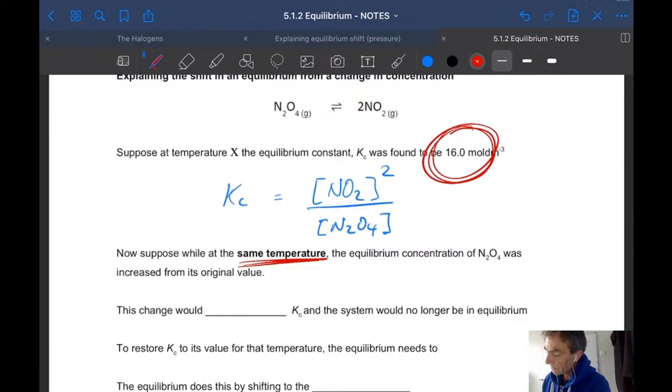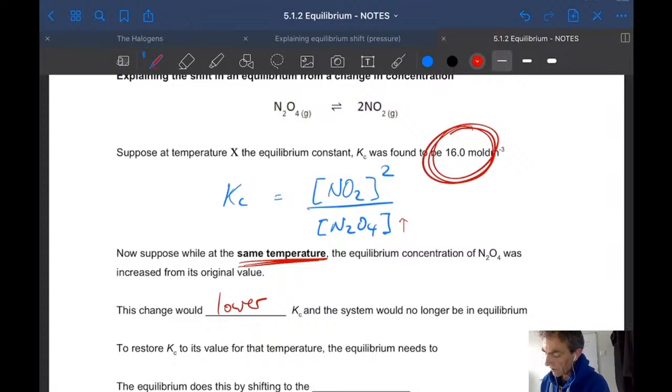The equilibrium concentration of N2O4 was increased from its original value. Okay, so let's imagine the N2O4 concentration is increased. So what would that do? A bigger denominator than you had before would lower Kc. So it's changed the Kc value, so it's no longer in equilibrium. The equilibrium needs to get back to that value of 16 moles per decimeter cubed.